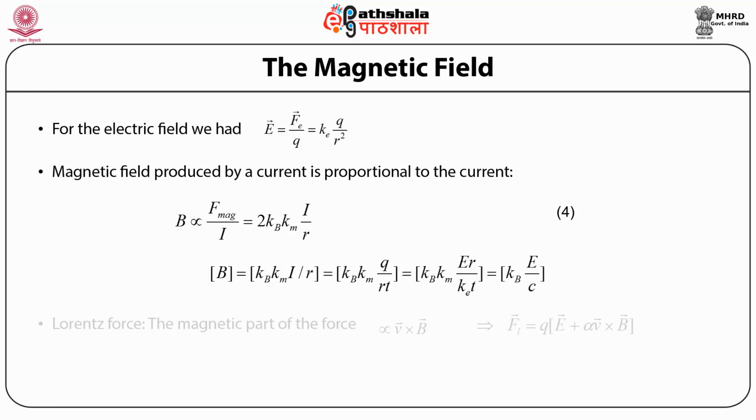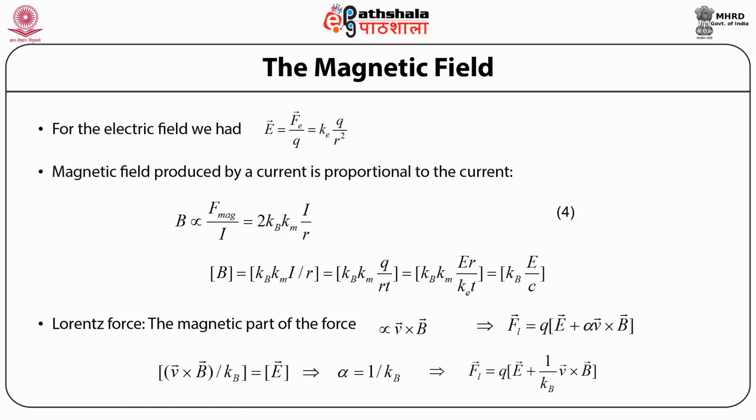Now look at the Lorentz force on a charged particle in an external electromagnetic field. The magnetic part of the force is proportional to V cross B. The constant of proportionality will depend on the system of units chosen. So FL vector is equal to QE vector plus alpha times V vector cross B vector.